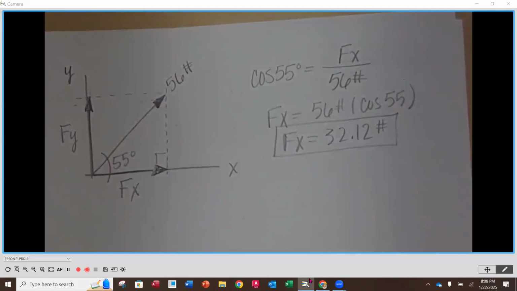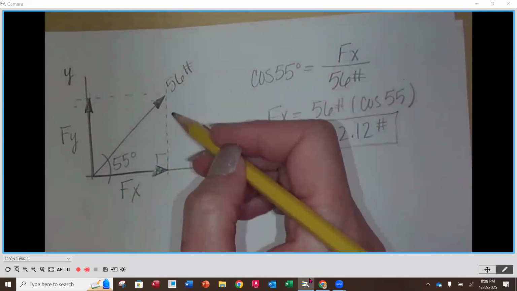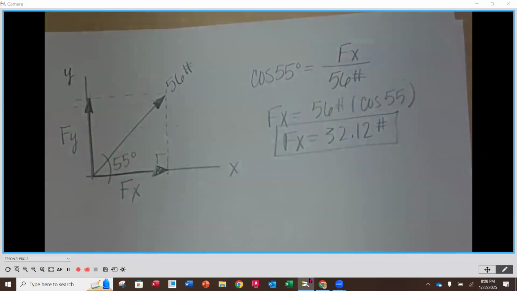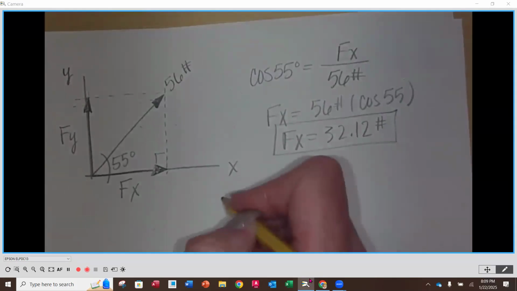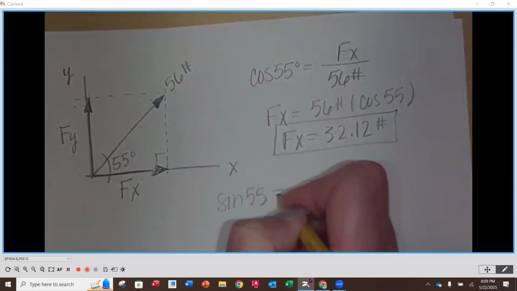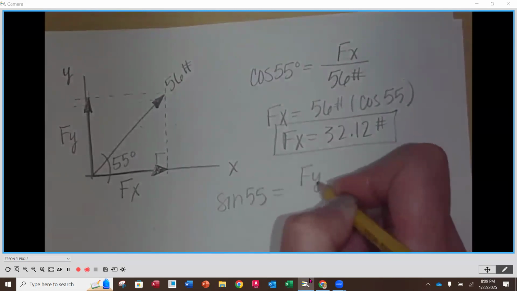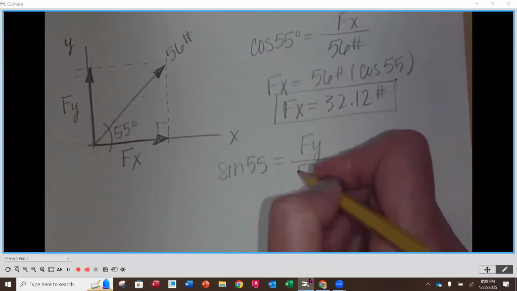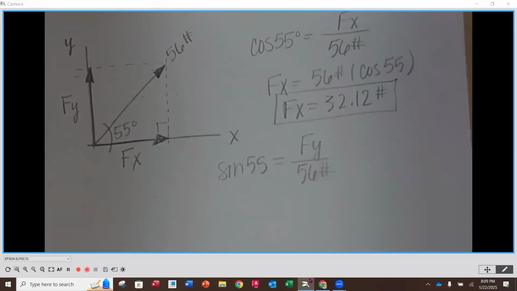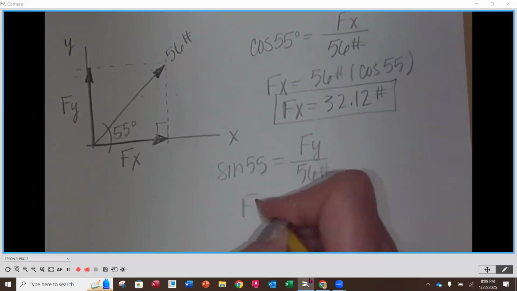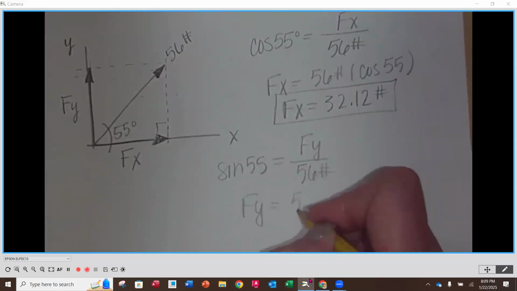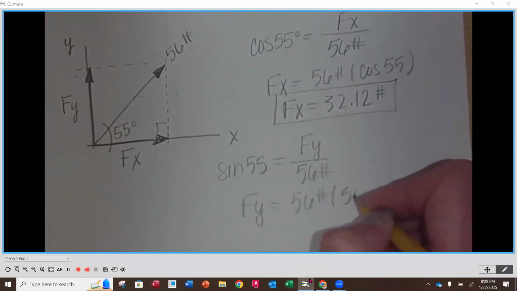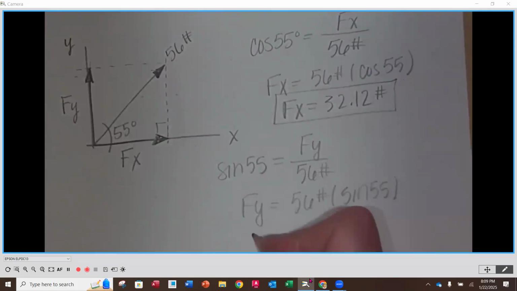If I want to find the side opposite, knowing the hypotenuse, sine, cosine, or tangent? Sine, right? I heard sine a couple times. Yep. So we're going to use the sine function. Down here, it's going to be sine of 55 equal to the side opposite, which is Fy, divided by our 56 pounds. Multiplying that up, our Fy is going to be equal to 56 pounds times the sine of 55.